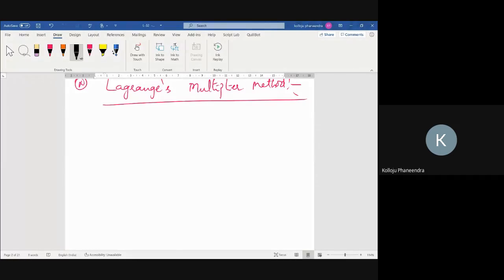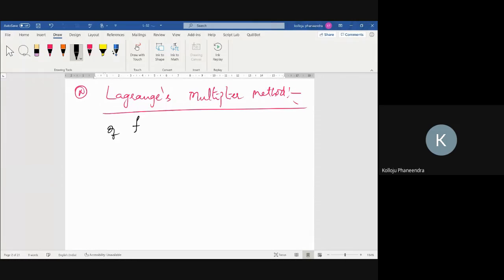For example, if there is a function of more than two variables, let me consider a function of three variables, f of x comma y comma z. How do we calculate maxima and minima of a function of several variables, maybe 3, maybe 4, whatever it is?